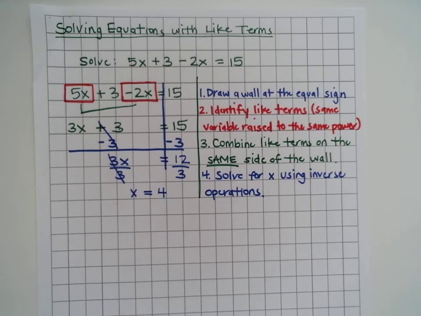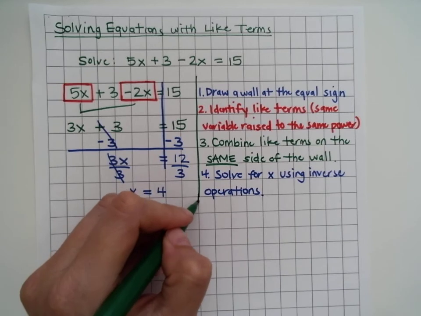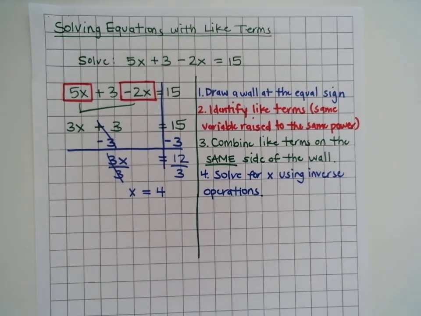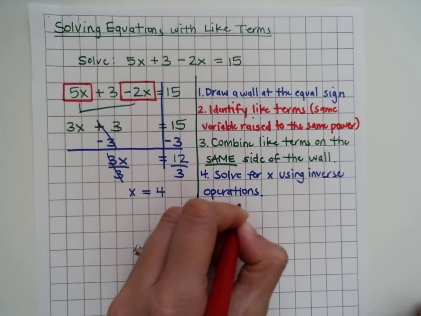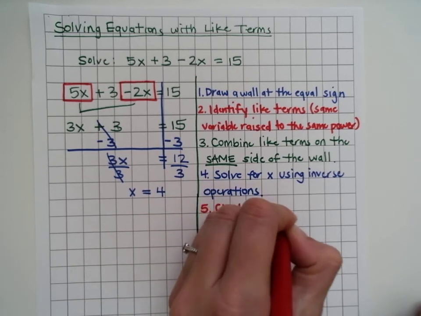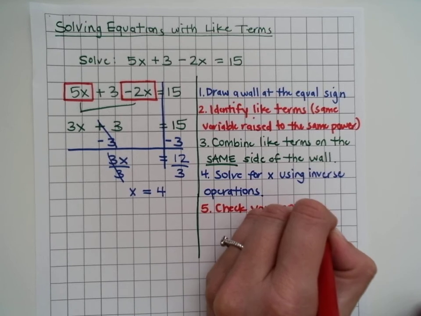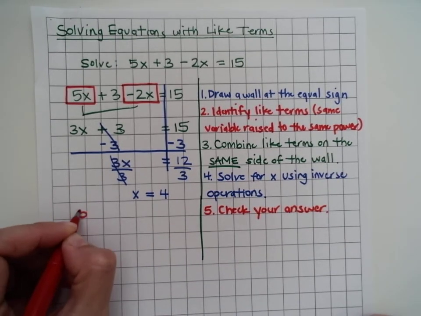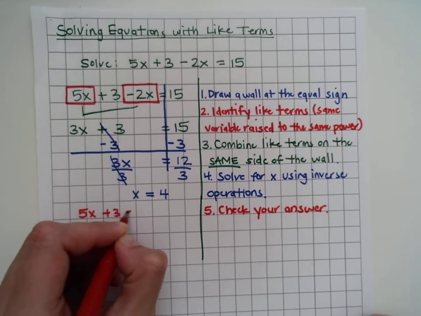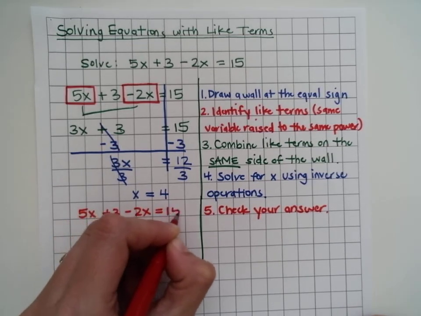And then lastly, we want to check our answer to make sure we didn't make any mistakes. So we have 5x plus 3 minus 2x equals 15.